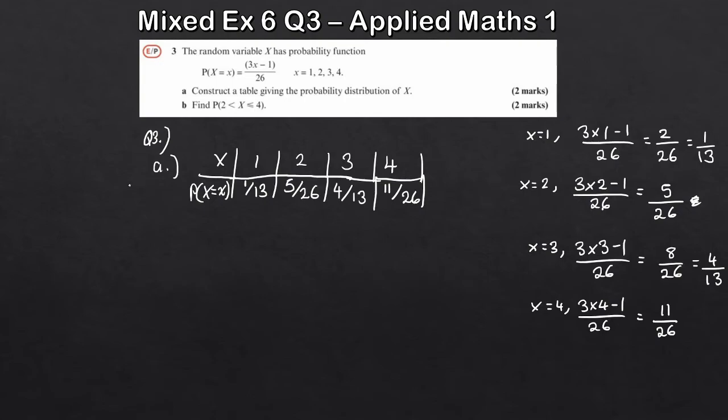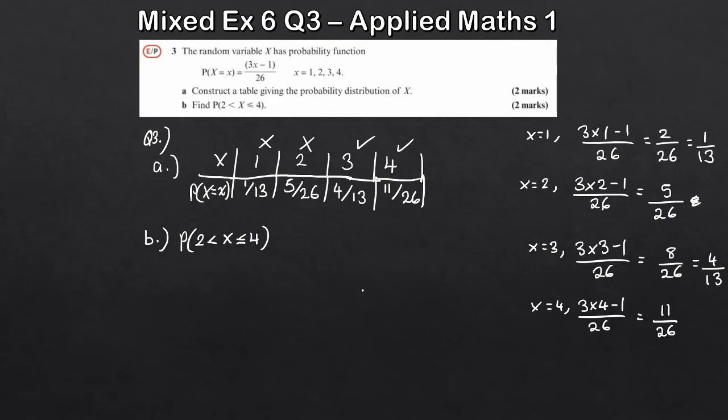And then, just an application one, we want to find the probability that x lies between 2 and 4. We don't include 2, we're including 4 though. So the only possible values, if x lies between 2 and 4, excluding 2, are: we don't want 1, we don't want 2, we do want 3, and we do want 4.